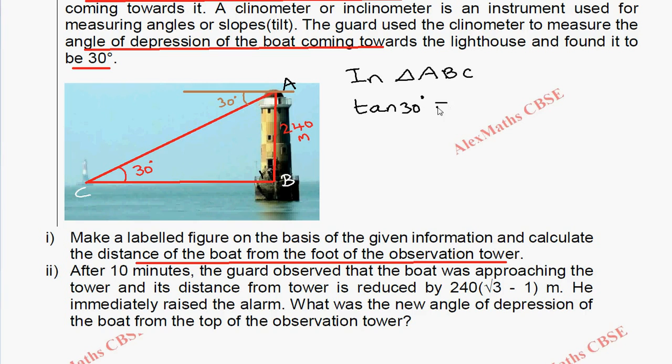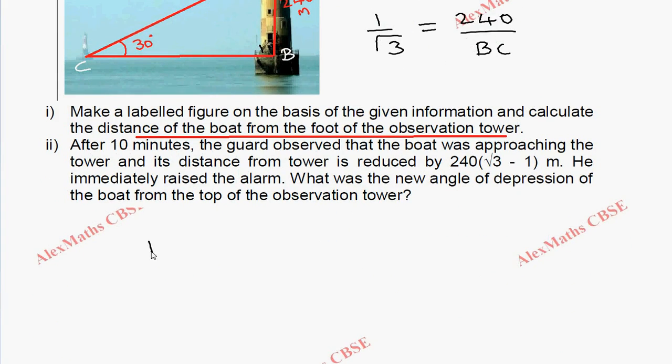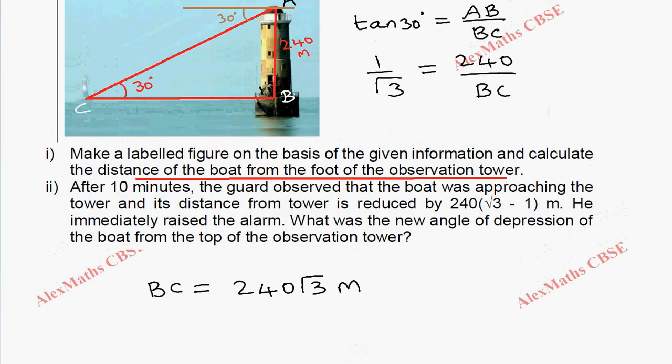Tan 30 degrees is opposite, which is AB, by adjacent BC. Tan 30 is 1 by root 3, and AB is 240, and BC we have to find out. Now cross multiplying, we get BC equal to 240 root 3 meters. So the first subdivision we have completed.